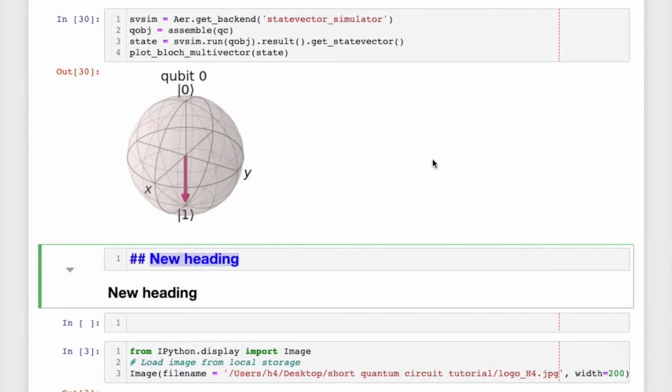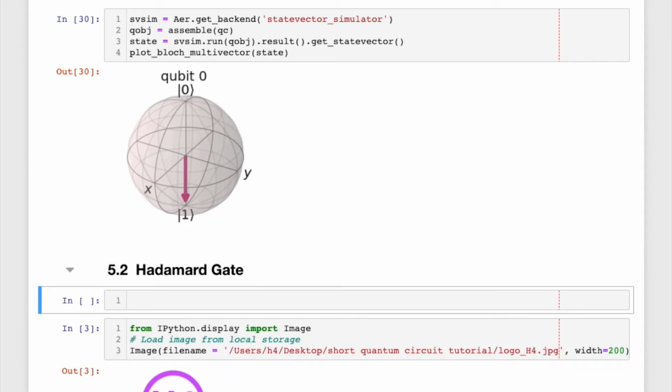Another important gate is called the Hadamard gate, which creates a superposition of 0 and 1. This can be thought of as a rotation around the Bloch vector 1, 0, 1, which is basically the line between the x and the z axis.